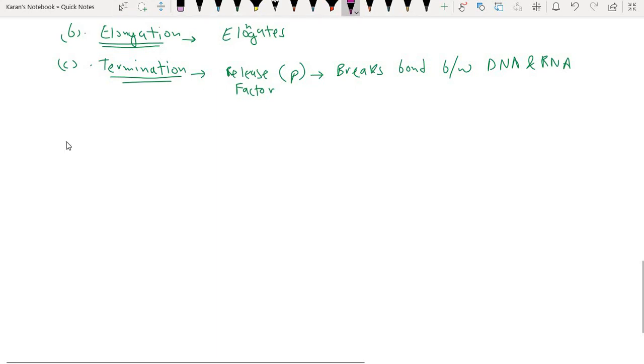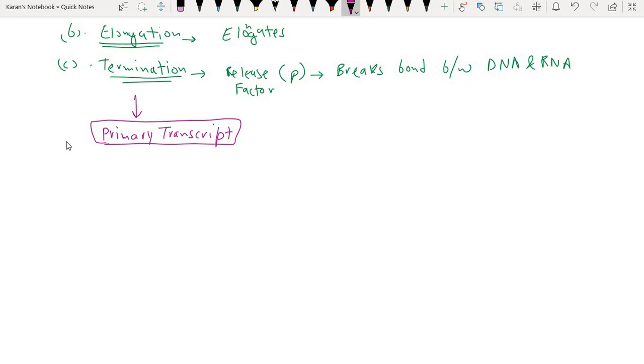Now, after the process of termination, we get what is known as the primary transcript. This primary transcript in eukaryotes contains two things, both introns as well as exons.